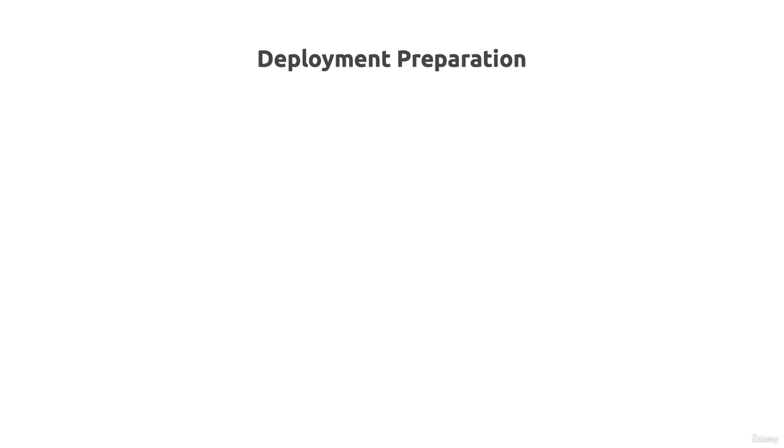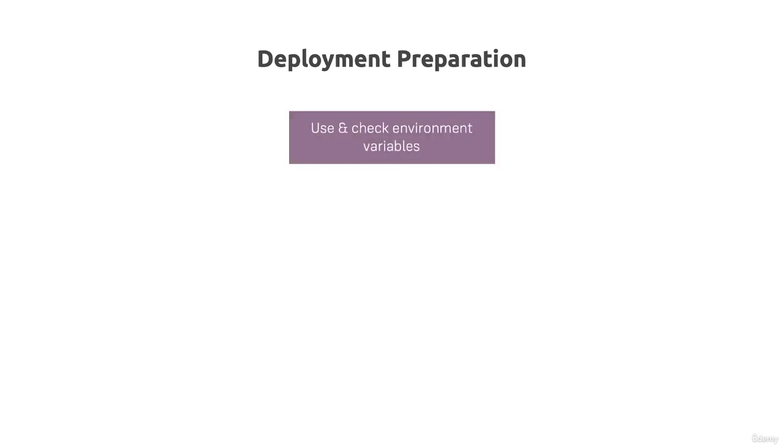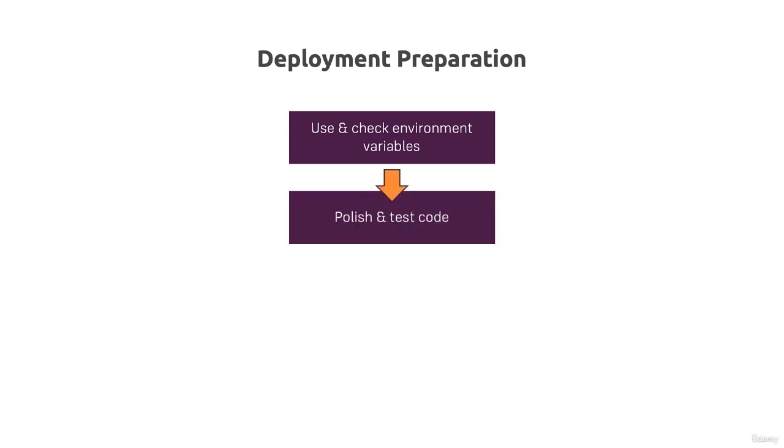So how should you prepare your Angular application for deployment? There are a couple of steps through which you should walk and through which I'll walk you now. The first is that you should use and check environment variables. That's something we haven't done thus far, and I will show you what I mean with that point, how you can use environment variables, what that is, and why you might want to use that. Well, of course, you should also polish and test your code.